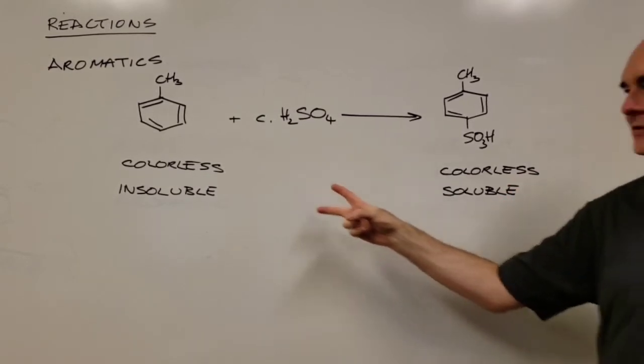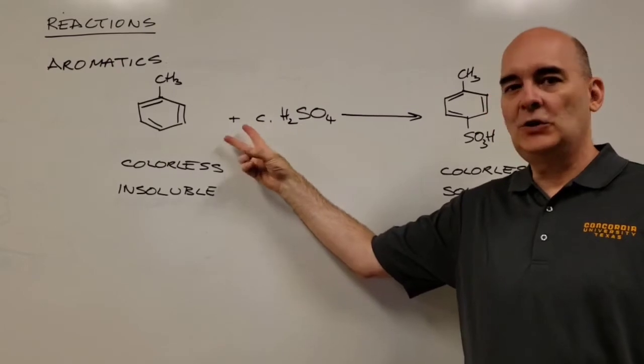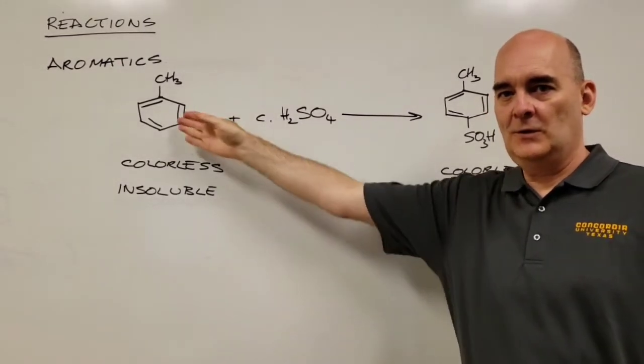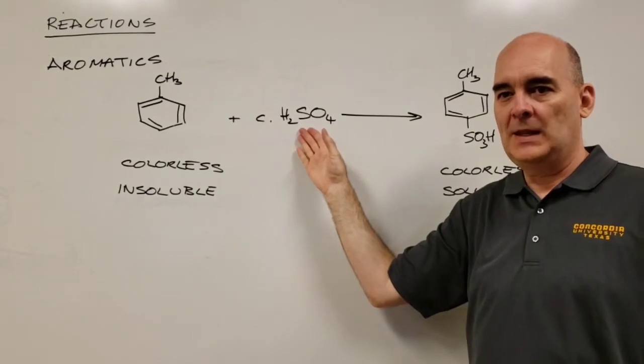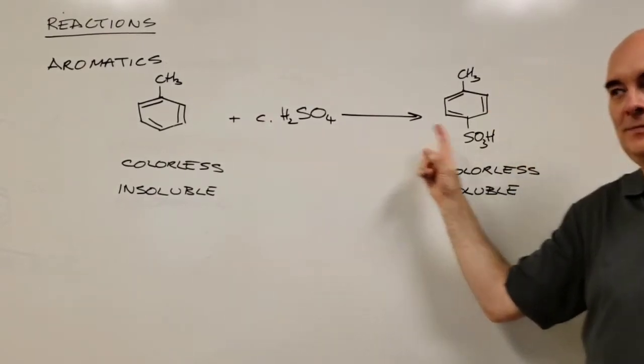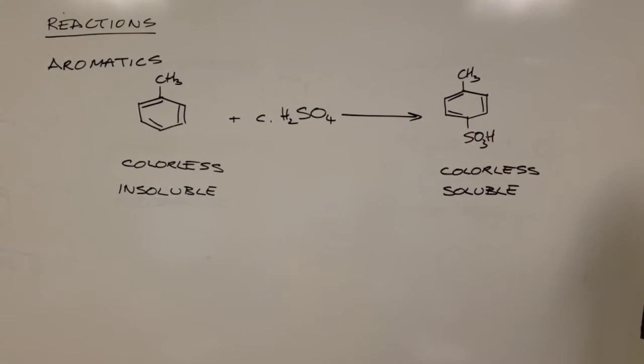So at the start of the reaction, you will see two layers in the test tube, organic layer, water layer. As the reaction progresses, you should see a single layer at the end of the reaction.